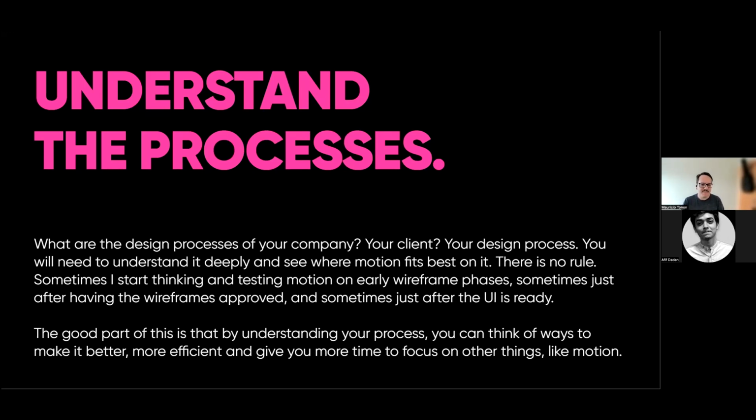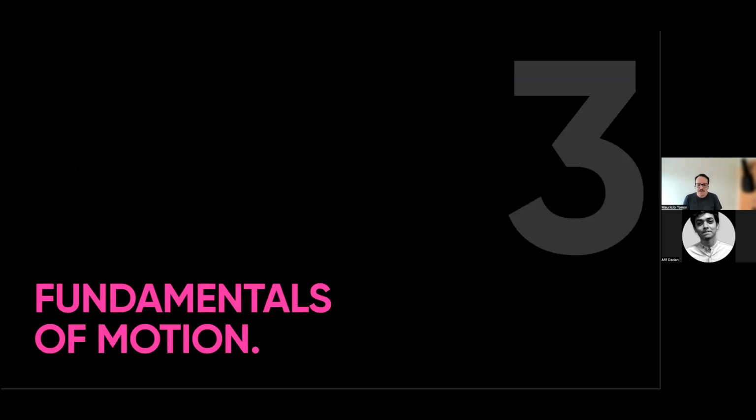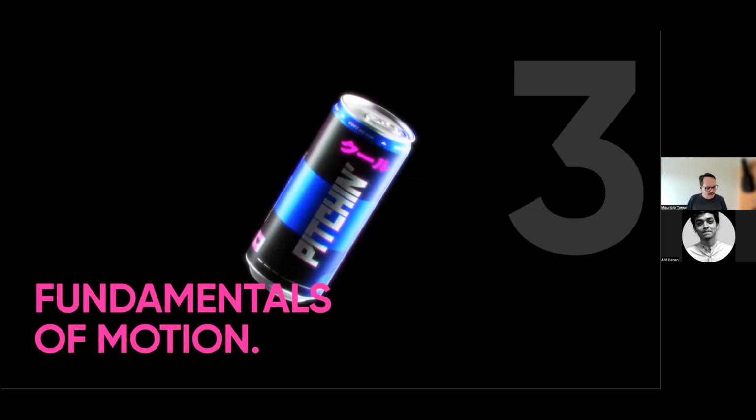Sometimes after the wireframe is approved, sometimes just after the UI is ready and finally approved by the client. The good part of understanding and knowing your process is that you can think of ways to make it better, more efficient, and improve it. And when you have a more efficient process, you have more time to focus on other things, like motion, for example. So now let's jump into the fundamentals of motion.